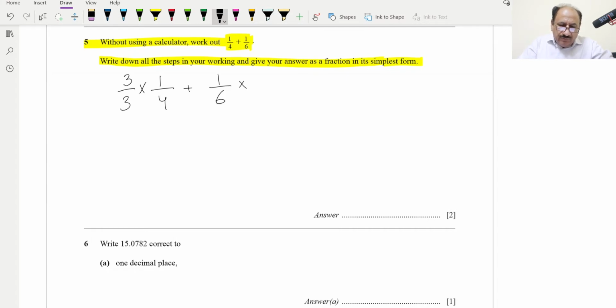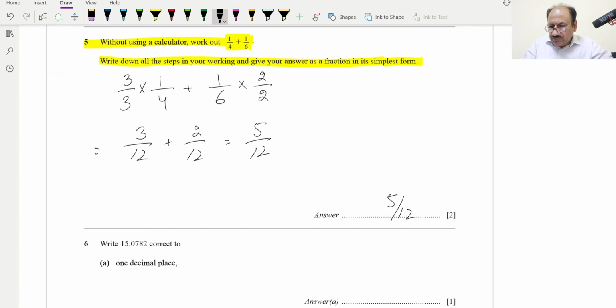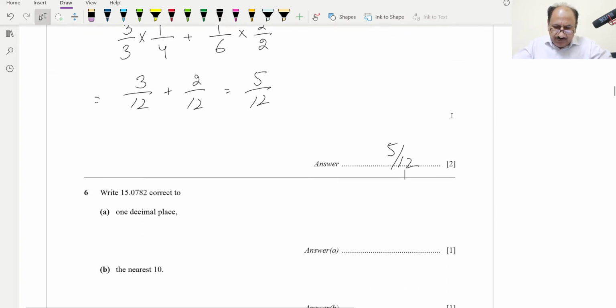Multiply by 3 and divide by 3, and multiply by 2 and divide by 2, and we will get 3 over 12 plus 2 over 12. If we add, we get 5 over 12, and 5 over 12 will be our answer. 2-mark question. It's very simple and straightforward.